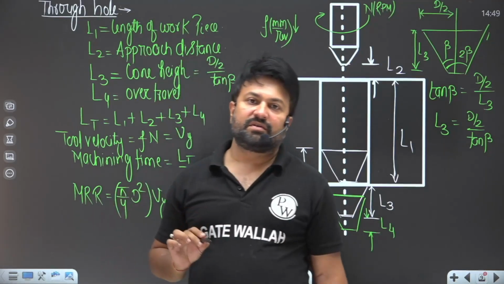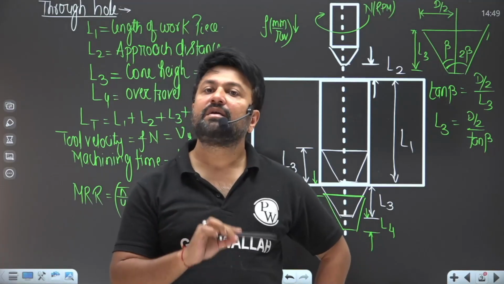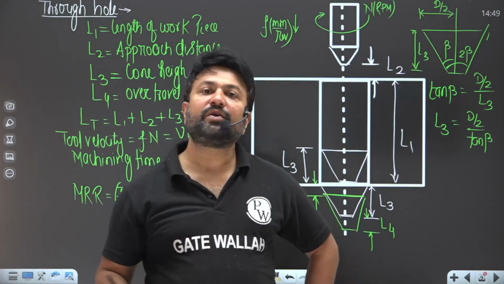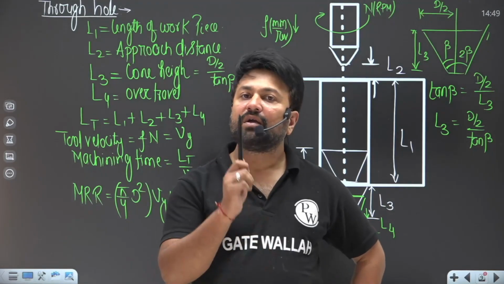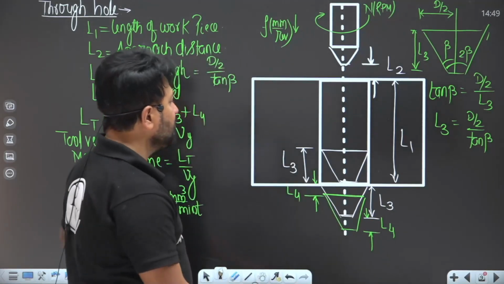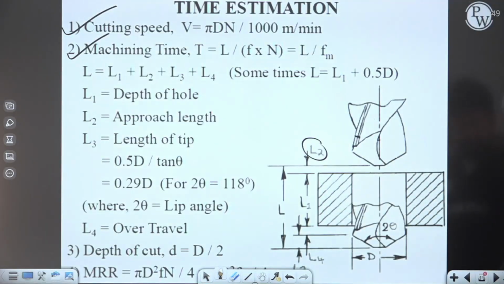In most questions, the examiner is not going to mention whether it is a through hole or a blind hole. If he does not mention which type of hole it is, you have to take a through hole. I hope things are very clear to you.